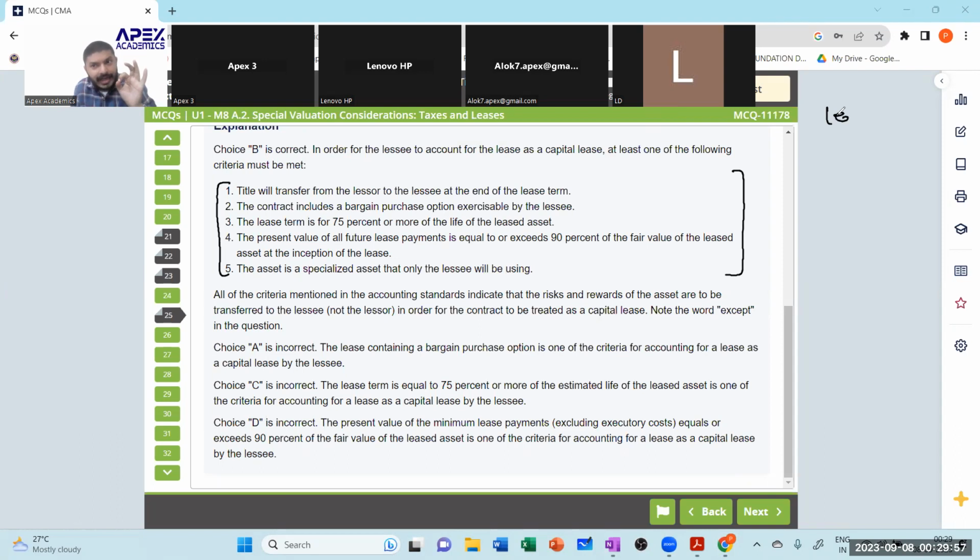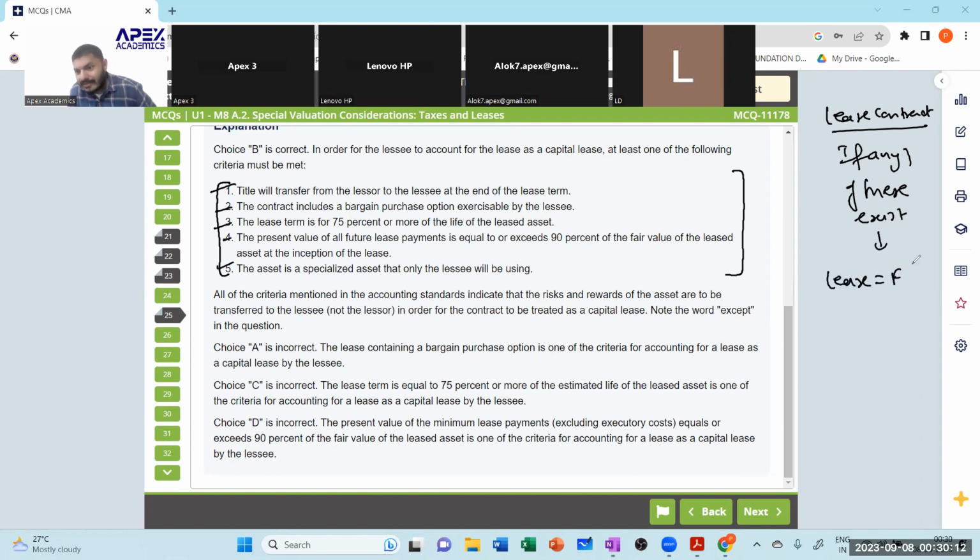In the lease contract, if any one of these, any one of 1, 2, 3, 4, 5 exists, then the lease is a finance lease. Otherwise, what is it? It is an operating lease.